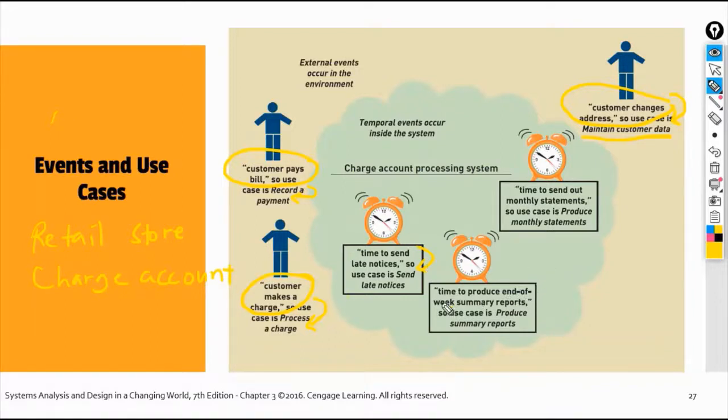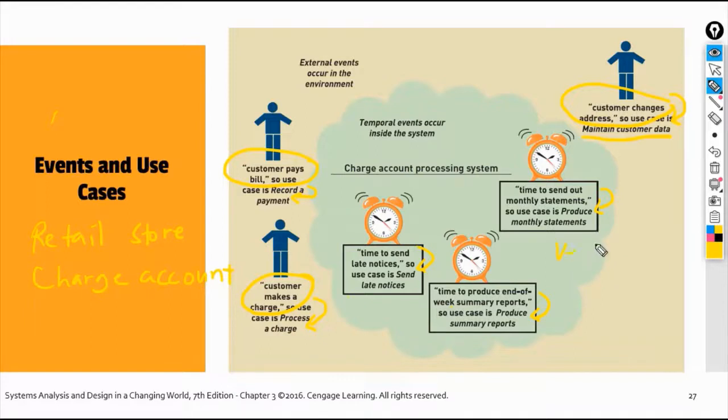Another event is time to produce end of week summary reports, so the use case for that is produce summary reports. And for the event of time to send out monthly statements, the use case is produce monthly statements.